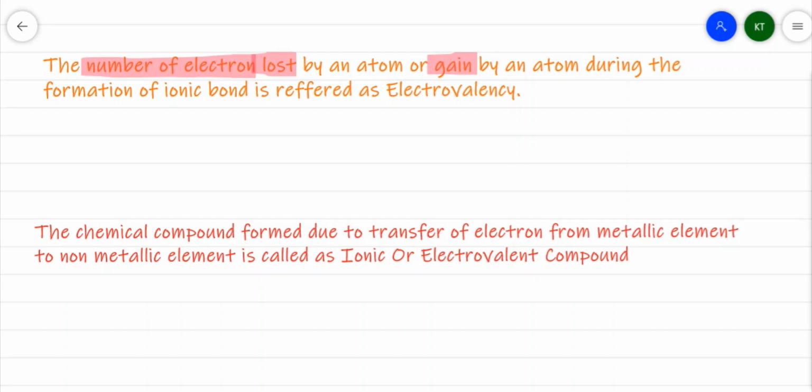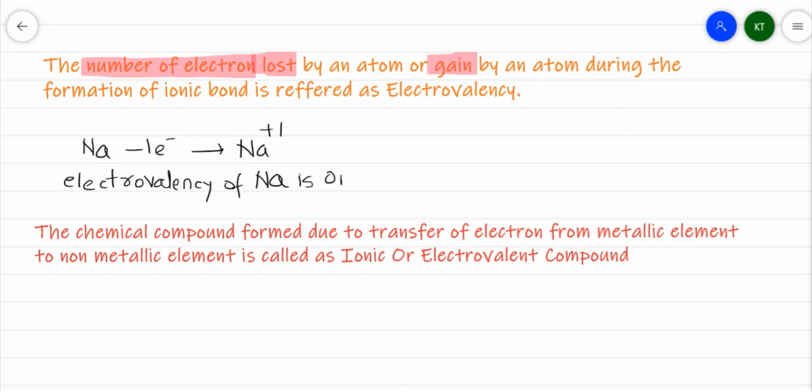So in the previous case, as we observe, sodium loses one electron and gets converted into a positively charged sodium ion. As it loses one electron, the electrovalency of sodium is 1. Whereas I have chlorine which gains 1 electron and gets converted into a Cl minus ion, that's an anion.